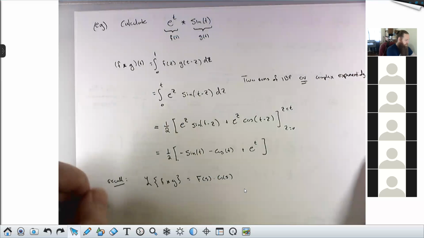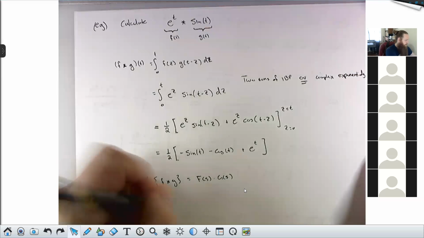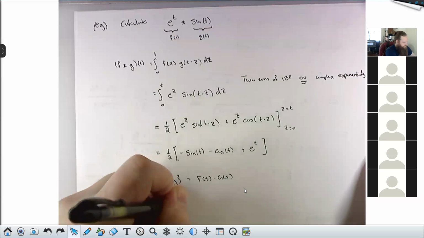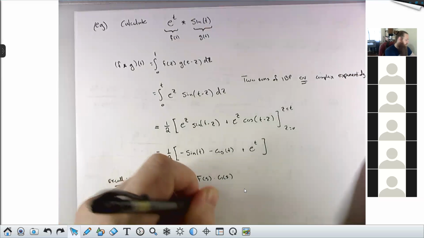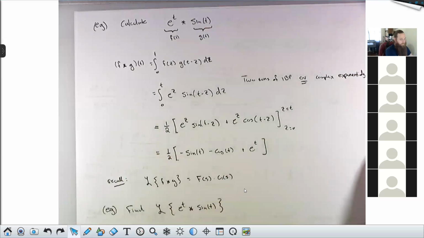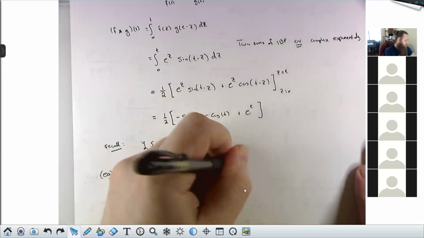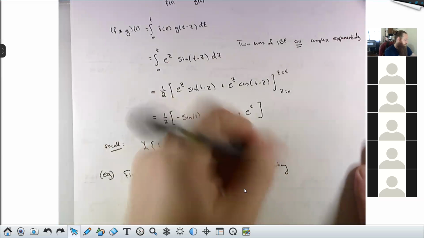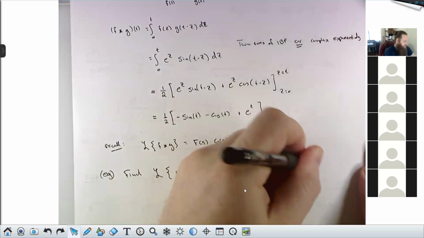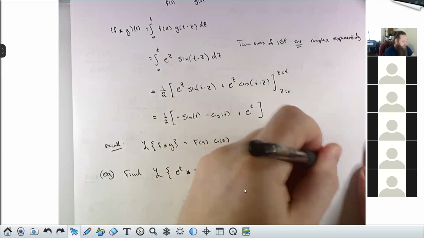So I could say find the Laplace transform of e to the t starred with sine of t, without calculating the inside thing, without calculating e to the t starred with sine t.